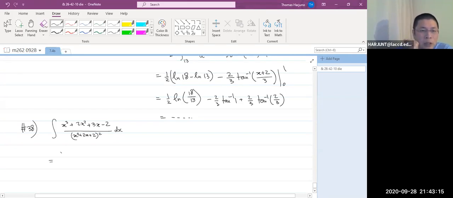The key is you need to complete the square at the bottom. Yes, it is irreducible, but because it is irreducible, you can complete the square to be something like this. This is x plus 1 squared plus 1.